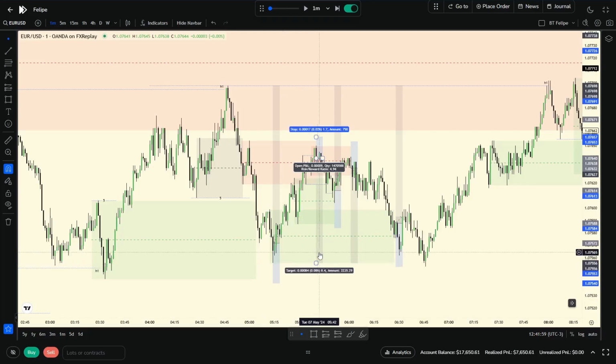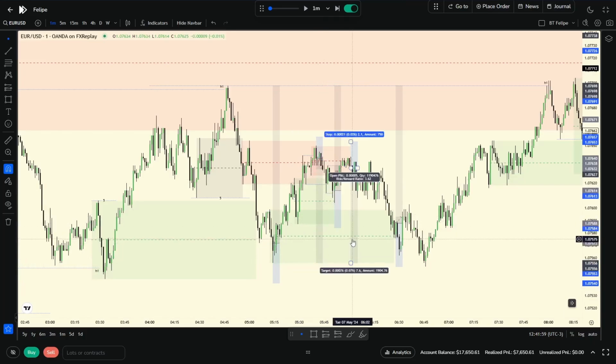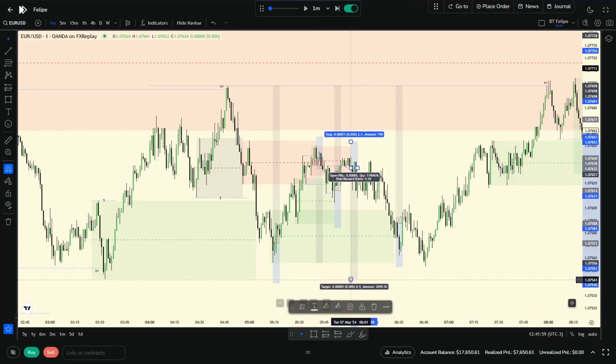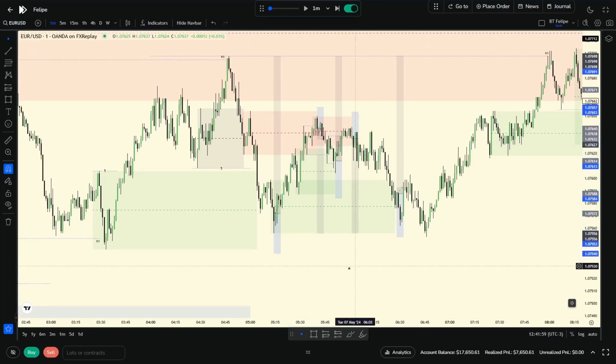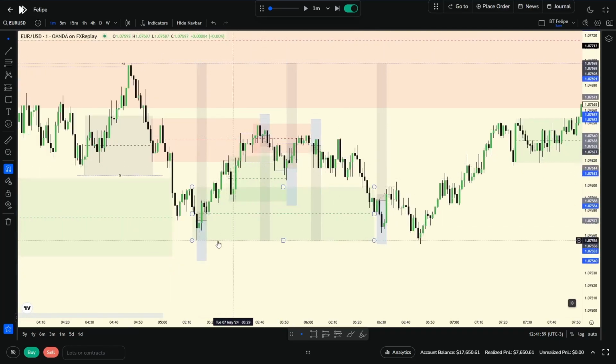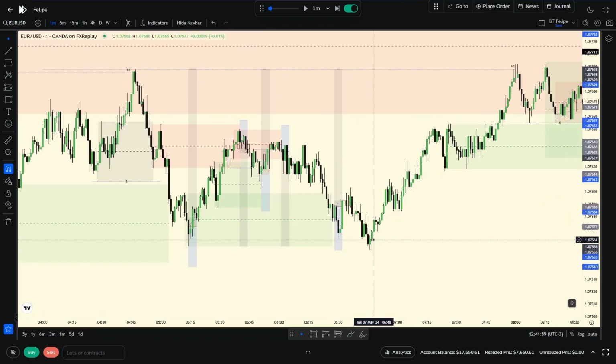I should have tried. This was more than enough 4R, and this one I could have tried to target here. Because this one was a TP, let's say. And then the second one I could try to extend, you know. But anyways, this is the correct target, the first target. And then there was no longs.